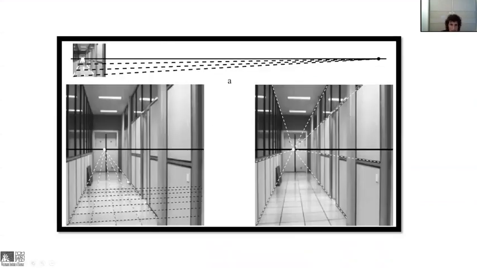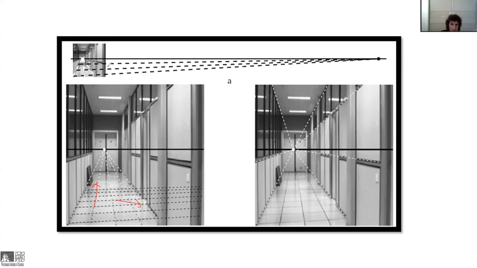Now take a look at this image. In this image we have many planes. In the left image here in the small window, we see that the tiles on the floor have two directions, this direction and this direction.